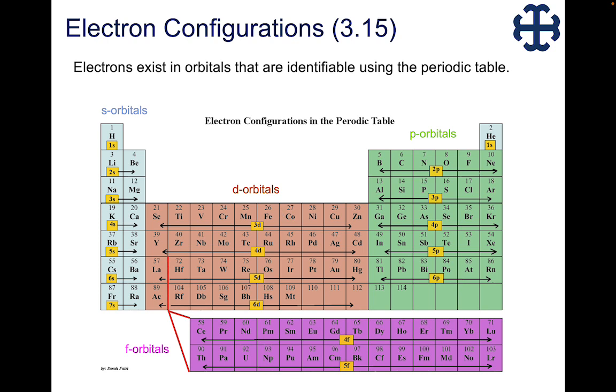So the lower that number, the lower the energy. And so when we get to the fourth row then, we have the fourth energy level for our s and our p elements, but for d, we're still at our third energy level. Okay, so those d orbital electrons are actually going to be a bit lower in energy than our 4s or any 4p electrons we might have. Okay.